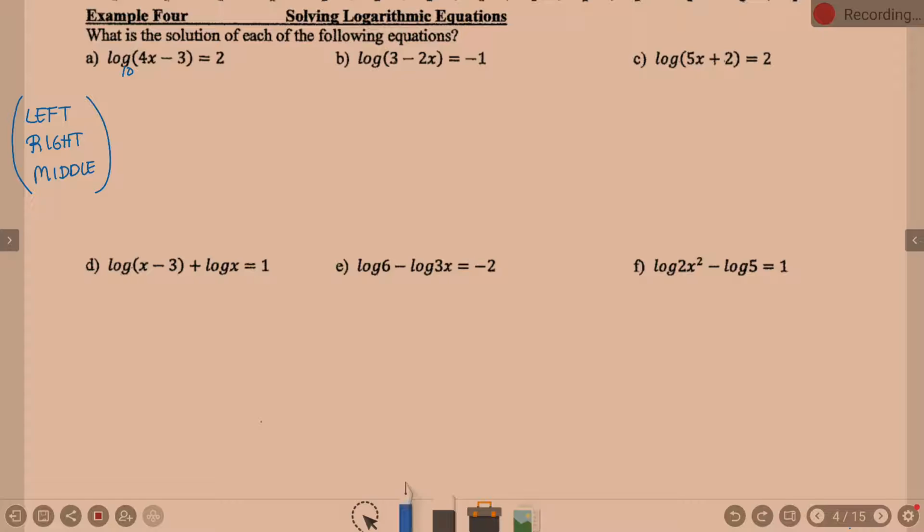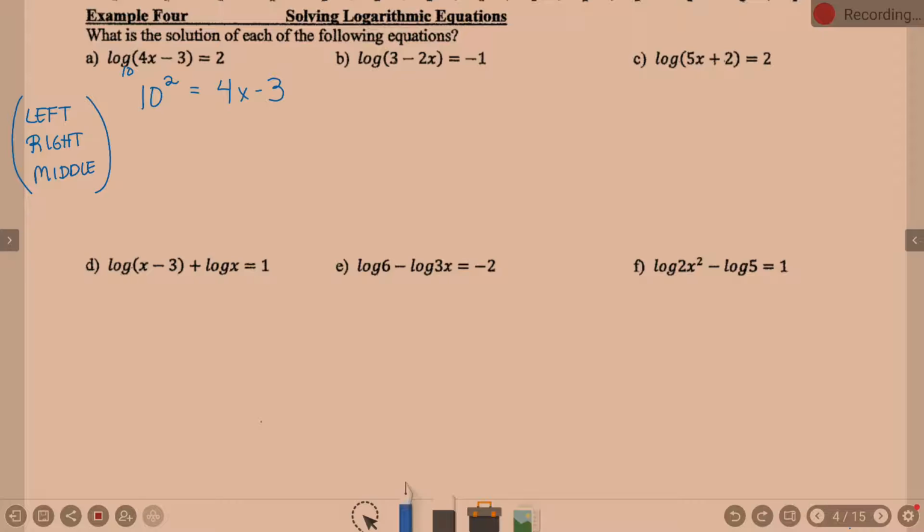So your left number is the base, raised to the number on the right. So what is my log equal? And that is 2 is equal to the middle, the inside of the log, which in this case is 4x minus 3. Left, right, middle.